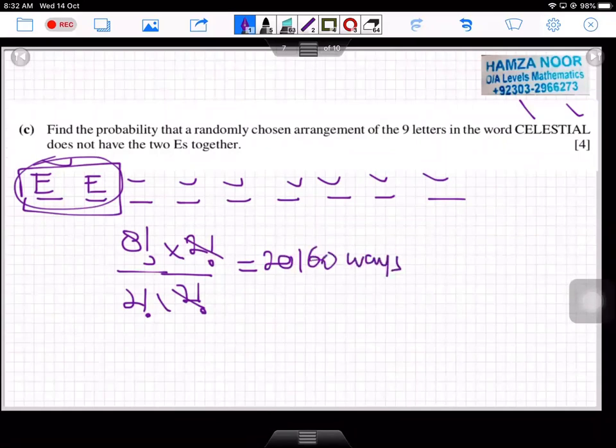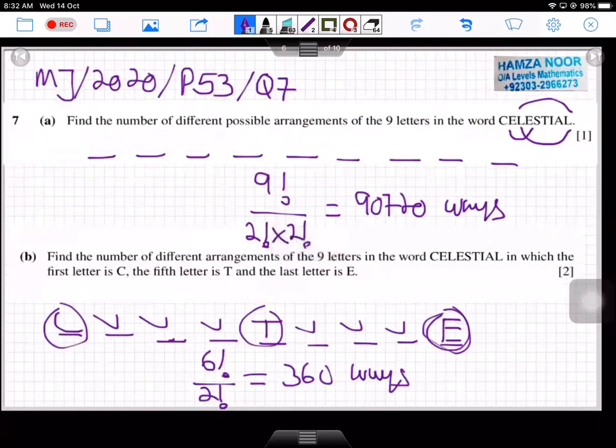So what I'm going to do is subtract these possible arrangements from the total number of arrangements which were without any restrictions. Always remember that in such cases you need to check back in the answer of part A whether you have calculated the total possible arrangements without any restrictions.